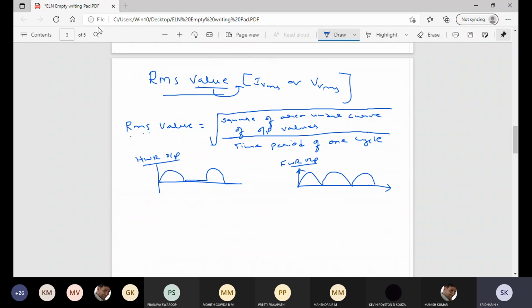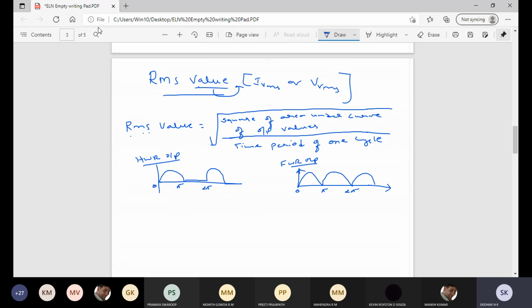For half wave, from 0 to pi there is output, and from pi to 2 pi there is no output. For full wave rectifier, from 0 to pi we have output, and again from pi to 2 pi we have output, which is a replica of this, the same value from pi to 2 pi. So these are the outputs of half wave rectifier and full wave rectifier.